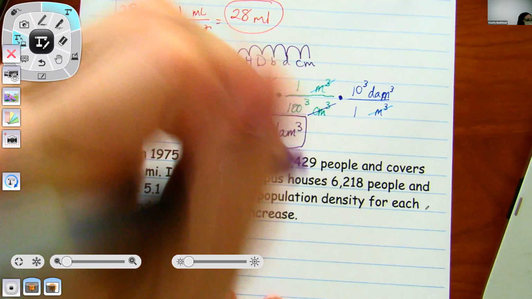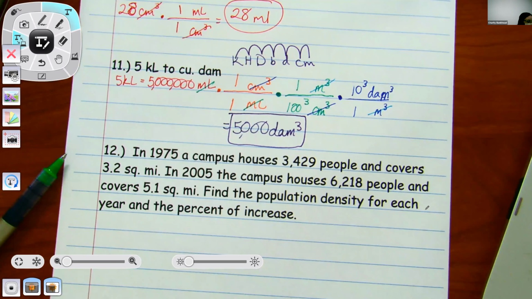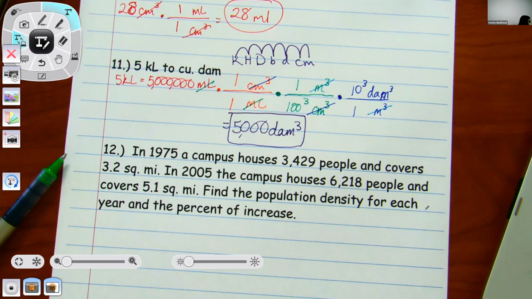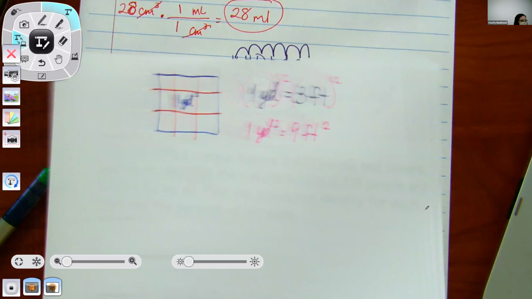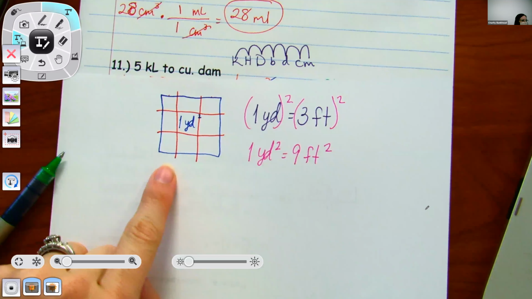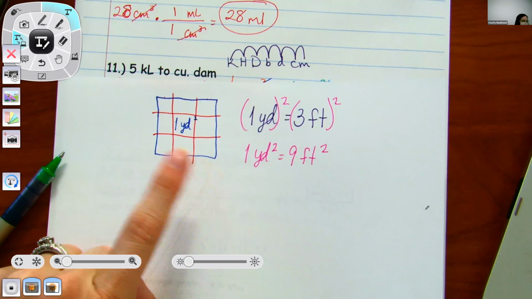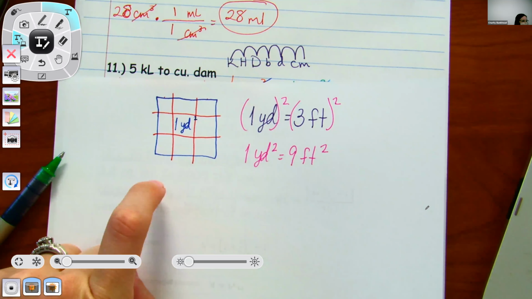Yes. Why do you raise it to the 3rd power? Because it's cubic units. If we know that there are 100 centimeters in a meter, then there's 100 to the 3rd power of cubic centimeters in a cubic meter. It's just like we were talking about last time with square units. In a square yard, since there are 3 feet in 1 yard, there'd be 9 square feet in a square yard.